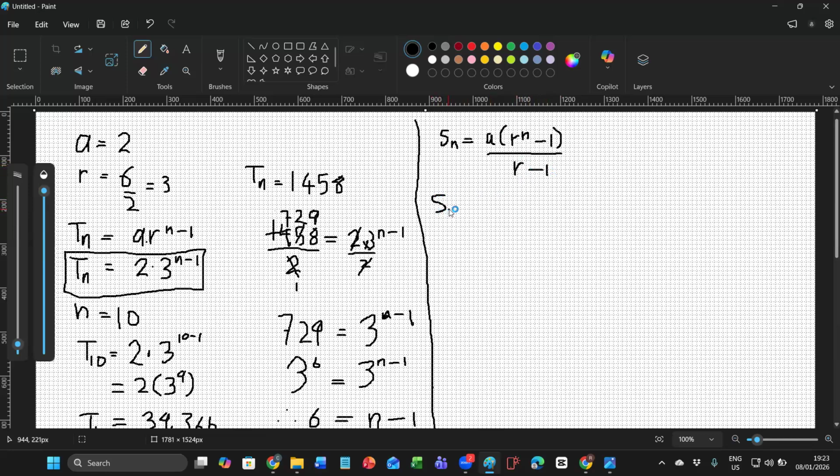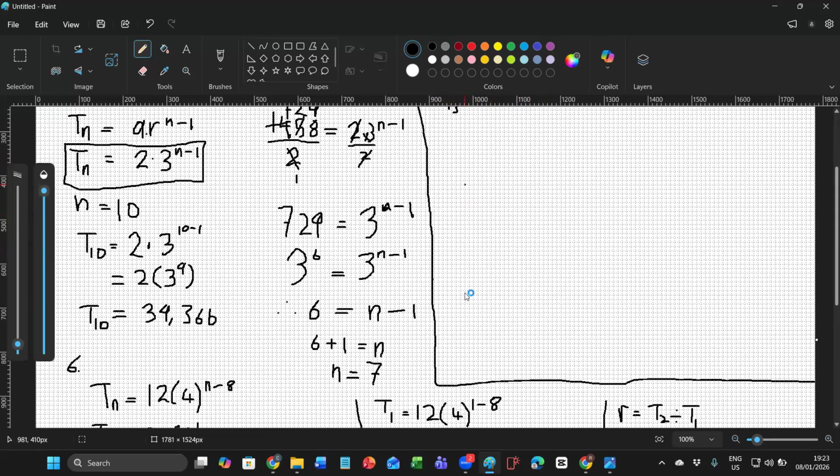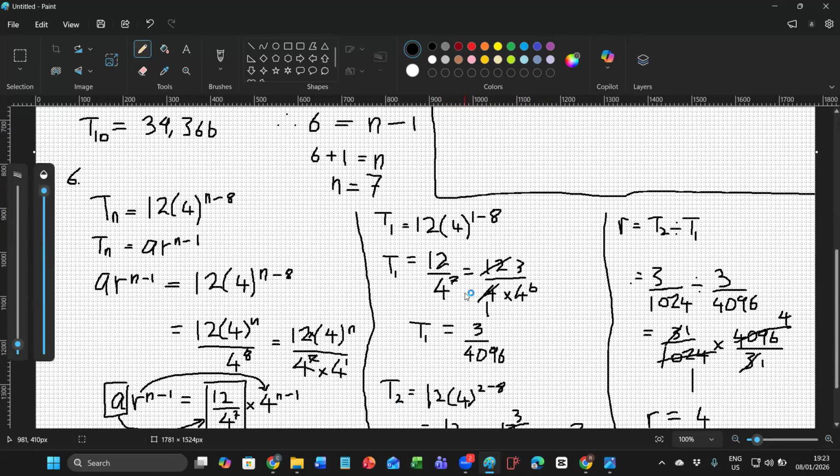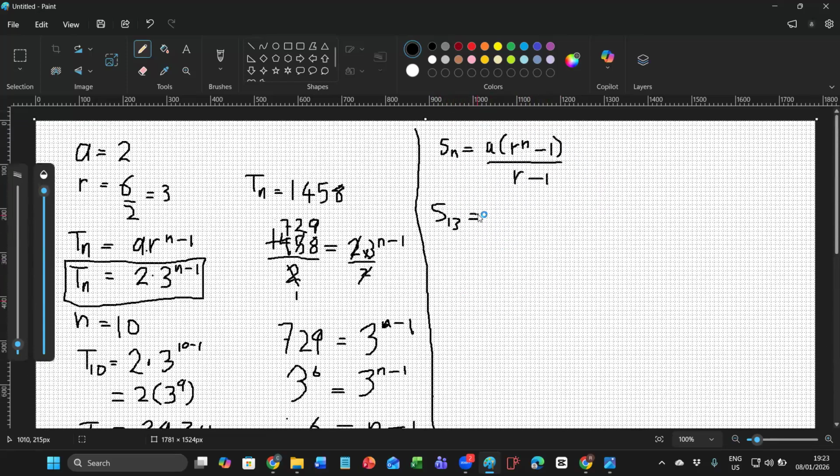S13. I think they said first 13 terms, right? Yes, sir. So that's going to be, the first term is what? 3 over 4096. So that's going to be 3 over 4096.